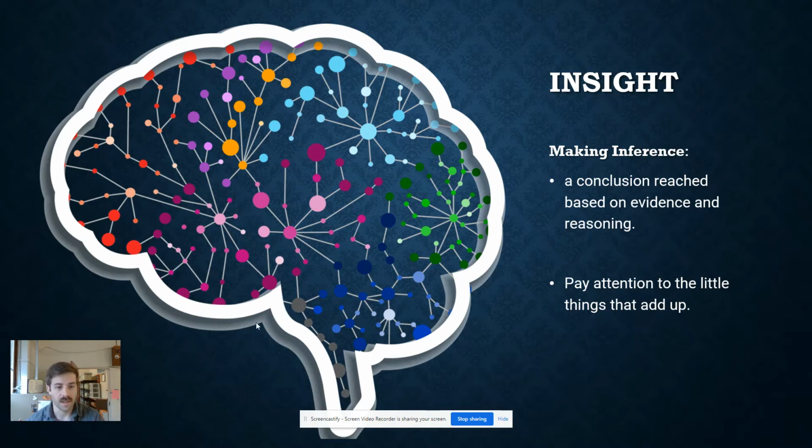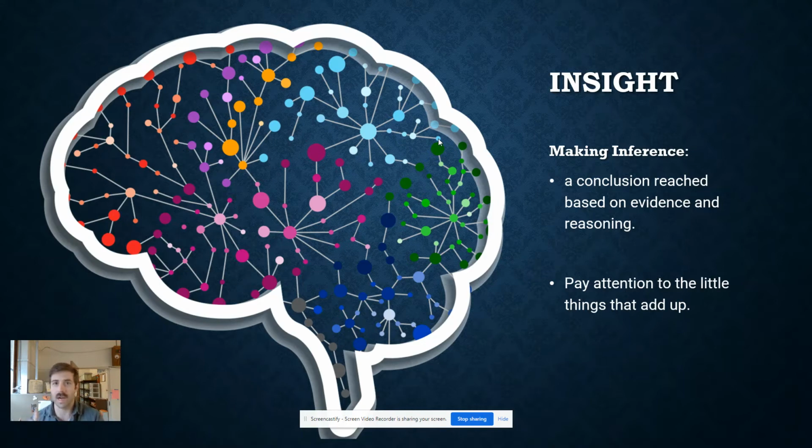I've got this image here of our mental schema, where each one of these nodes represents something that we are aware of. Then we start to draw connections between our different nodes to create a bigger web. This is what we're talking about in terms of insight. All we have to do to start on our path towards inference is start making observations and recognize what an author is talking about.